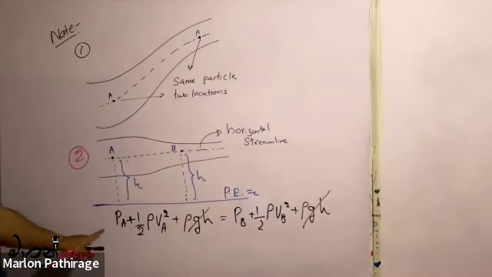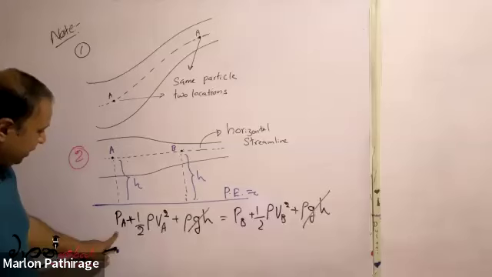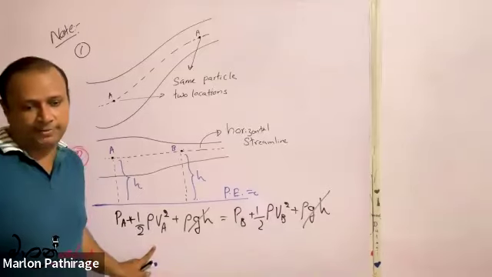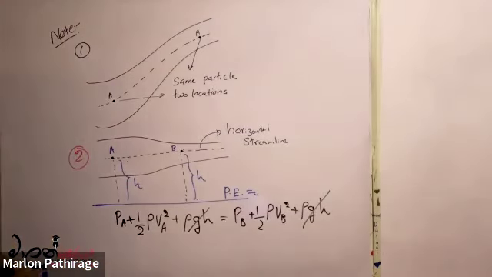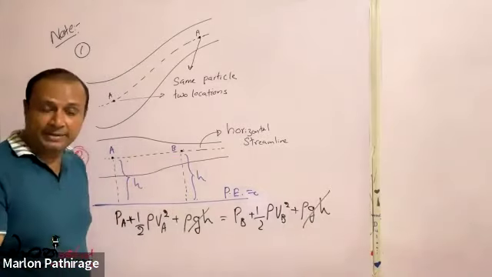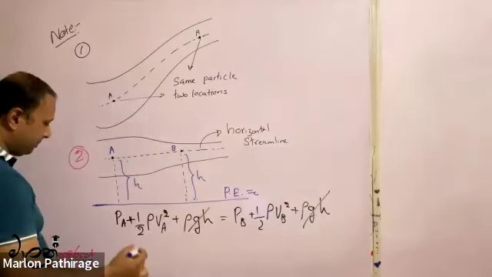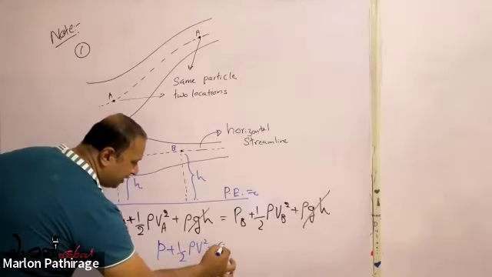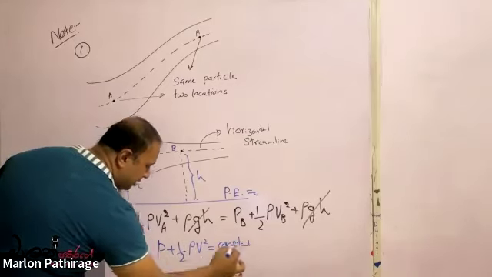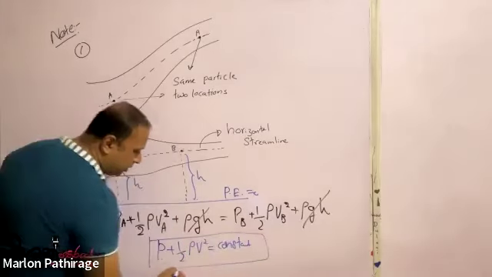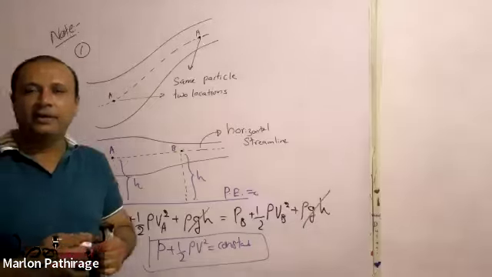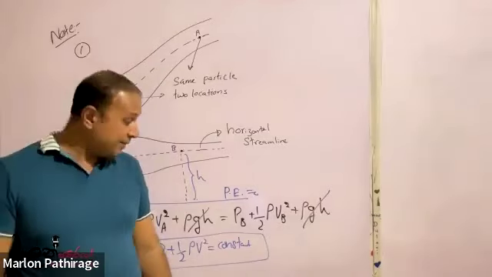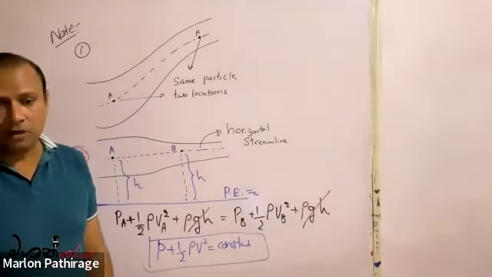So P plus half rho V squared is a constant. Therefore, for a horizontal streamline, we can write Bernoulli's equation as P plus half rho V squared is a constant.